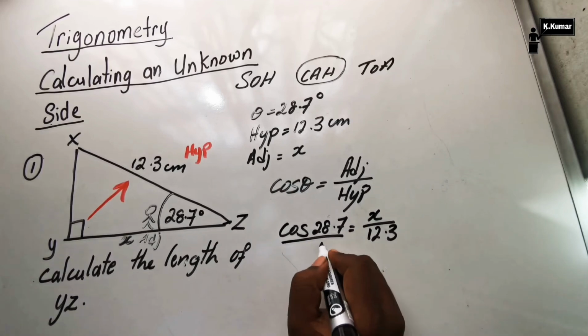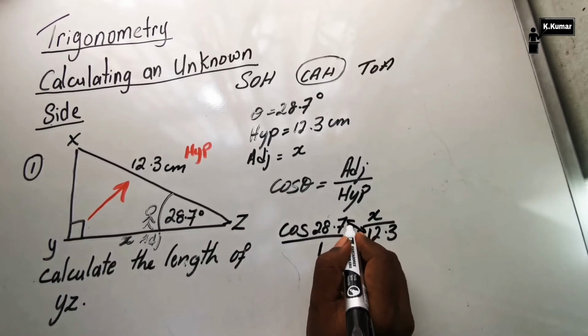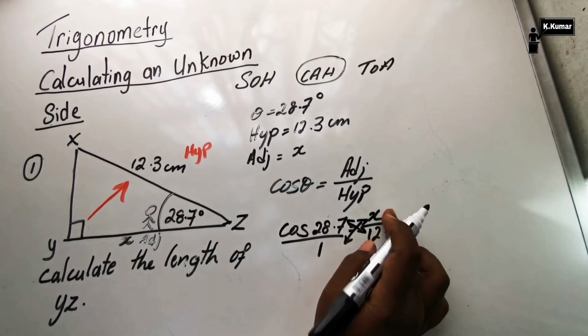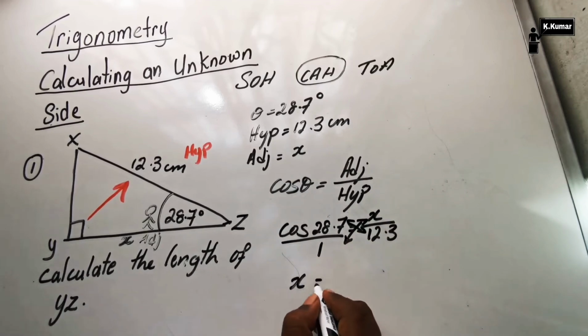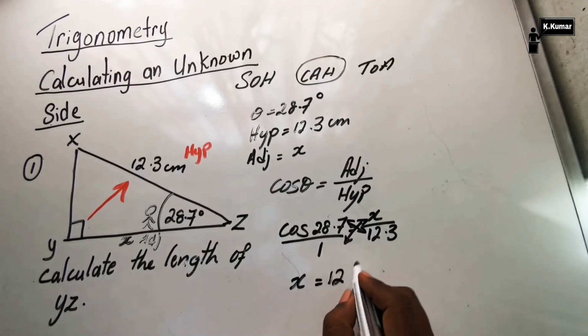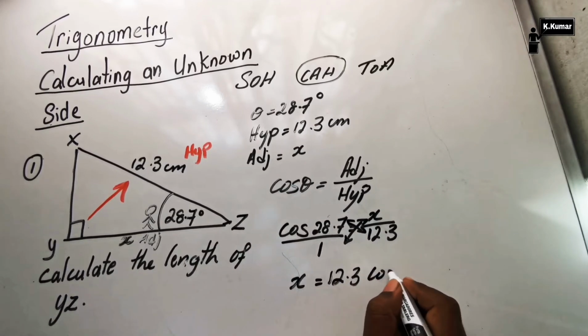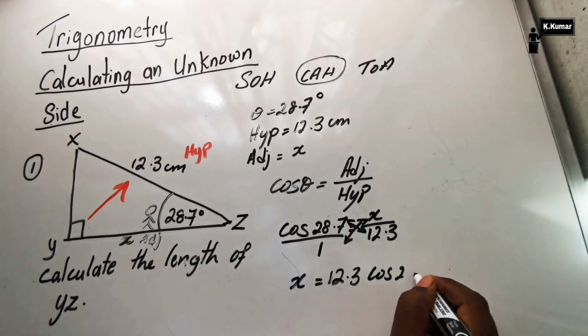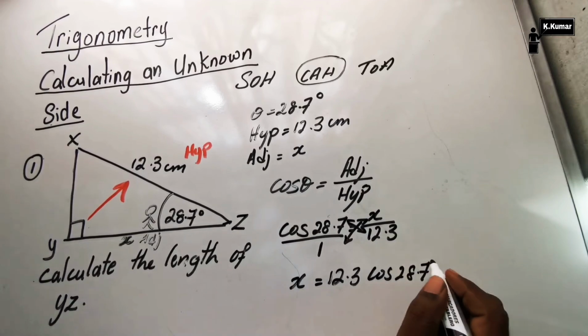We put this over 1, and then we cross multiply. x times 1 gives me x, and 12.3 times cos 28.7 gives me 12.3 cos 28.7.